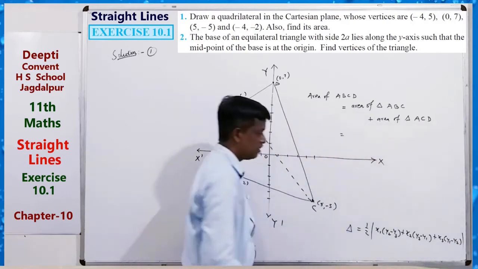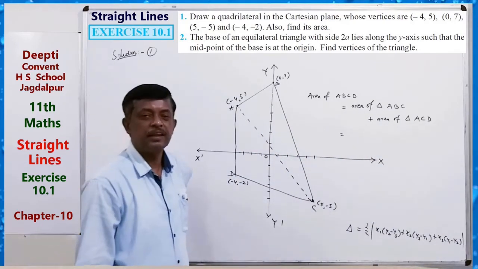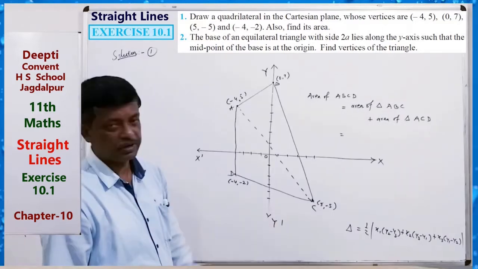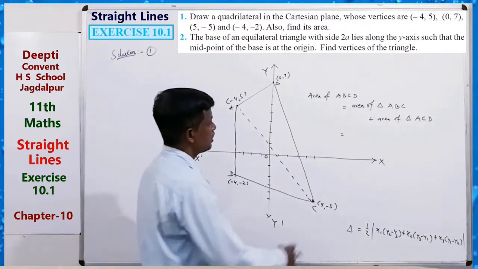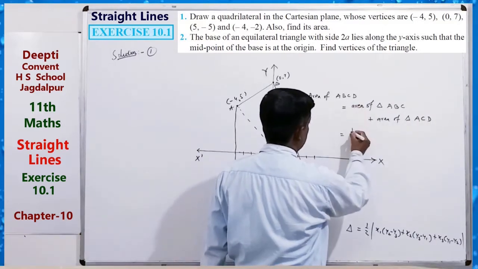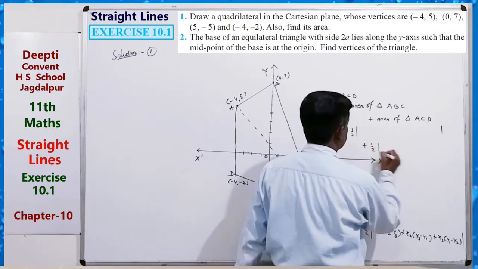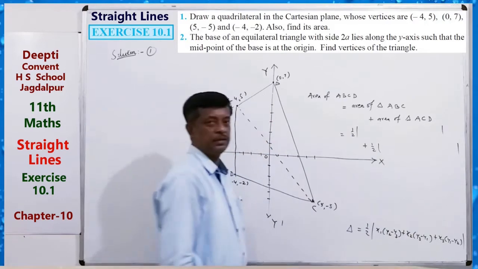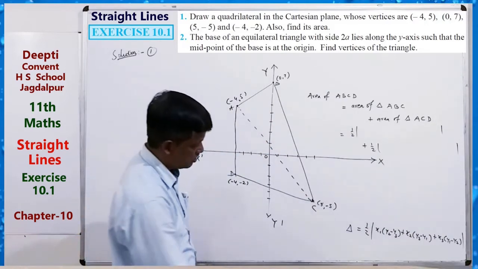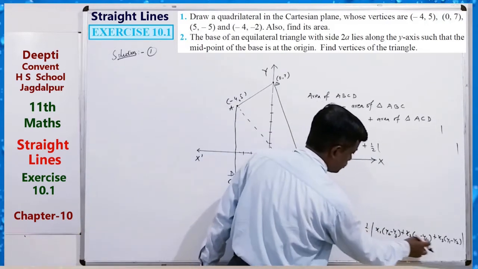This is the area of a triangle in coordinate format. So we can find half of this plus half of this.